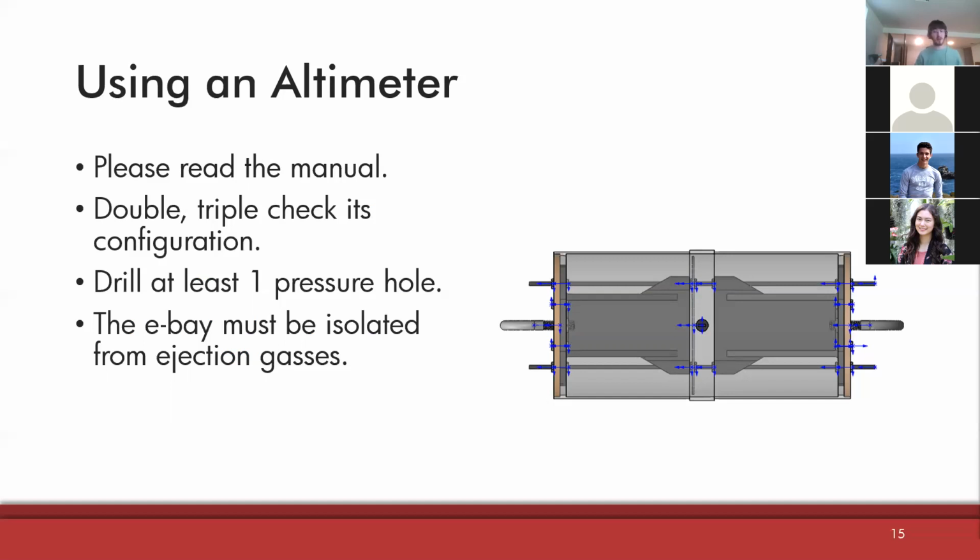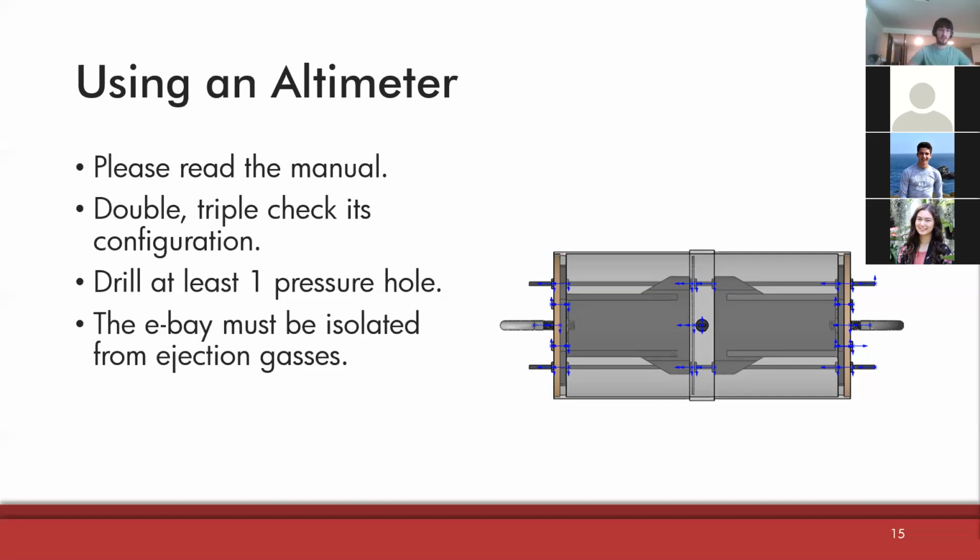And finally, this is one that I think a lot of people kind of skip over, is actually isolating your eBay from ejection gases. In this photo, you can see, it's not really a render, but a screenshot from CAD of the original USLI rocket. And you can see the sleds that are in the middle that are bolted to either end.